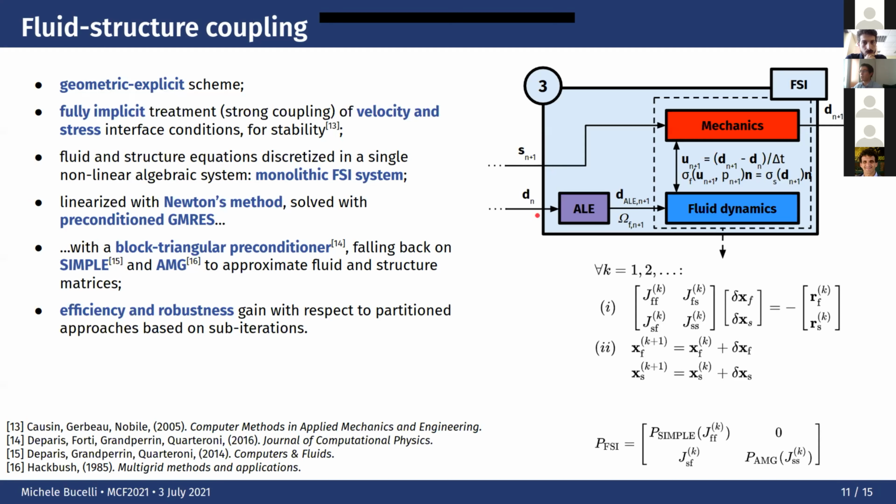Of course, the efficiency largely depends on the availability of a good preconditioner for the linear system. To that end, we use the block triangular preconditioner that you see here on the bottom right, which falls back onto the SIMPLE preconditioner for approximating the fluid matrix and on algebraic multigrid for approximating the solid matrix.